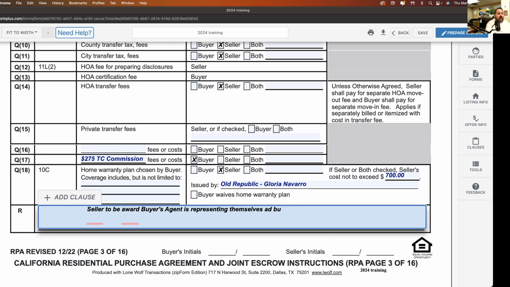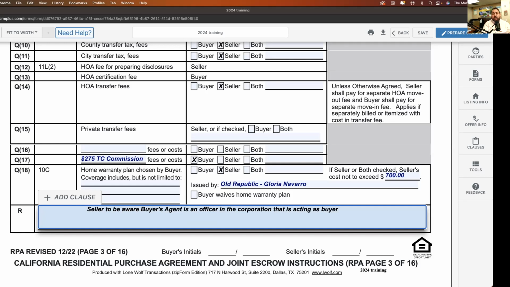Or if, I put award, look at that, misspelled aware, didn't even notice. If we are like a partner in a corporation, seller to be aware, buyer's agent is an officer in the corporation that is acting as buyer.